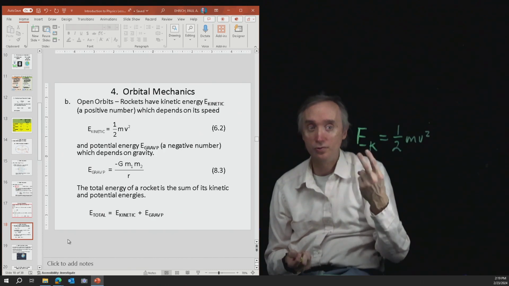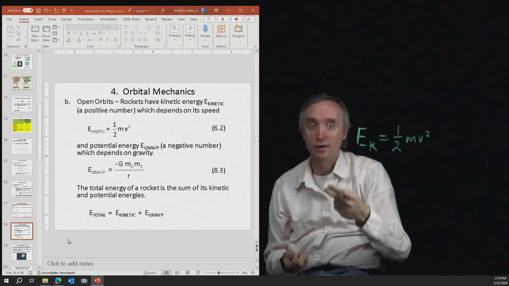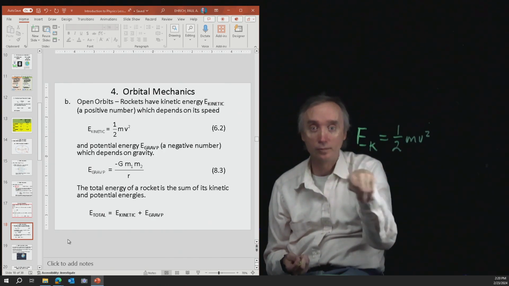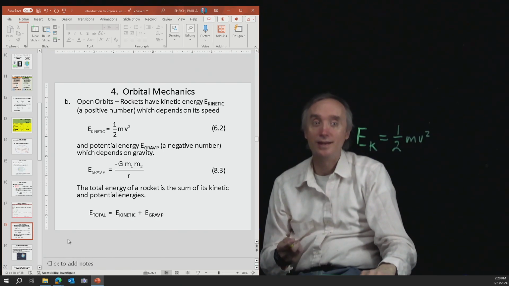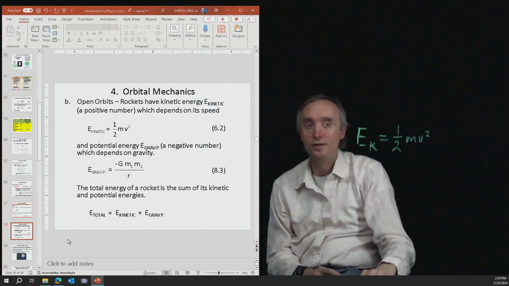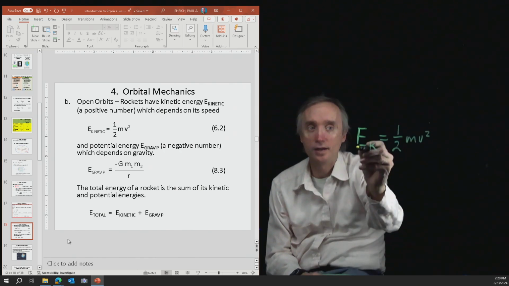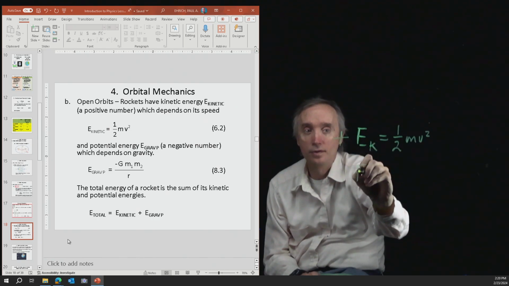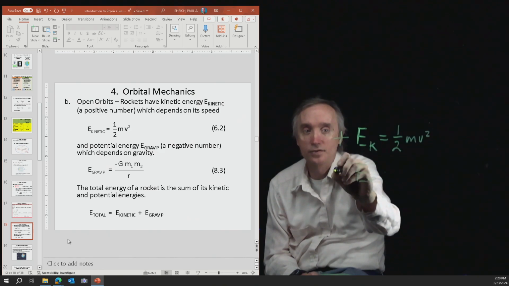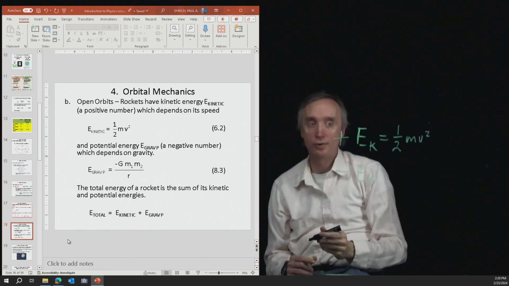So we've got two masses, and r is the distance between them. That was the potential energy, and notice it's always a negative number. So kinetic energy is always positive, and potential energy is always negative.